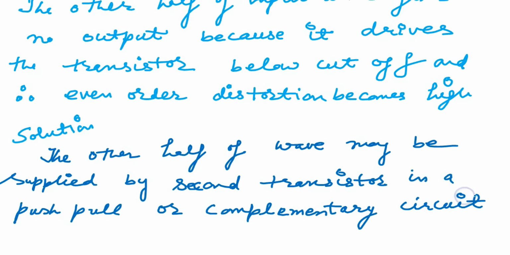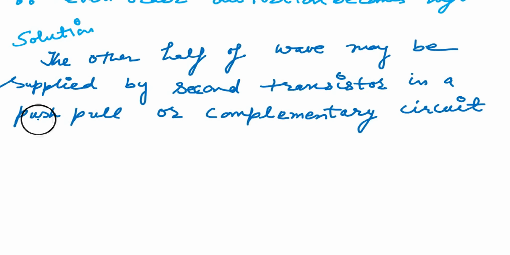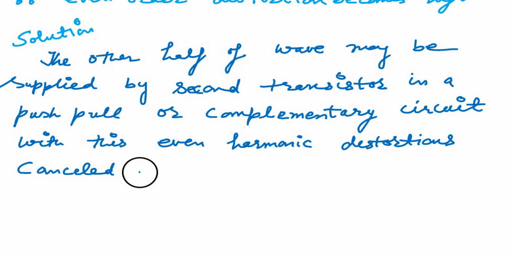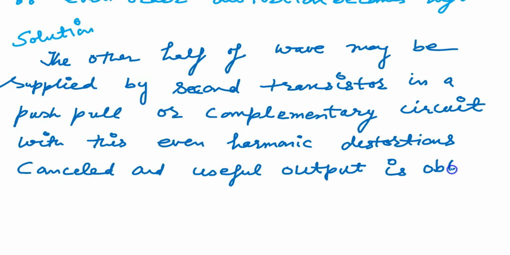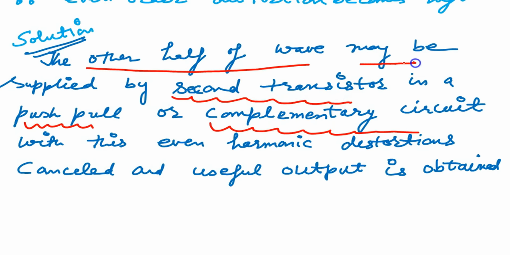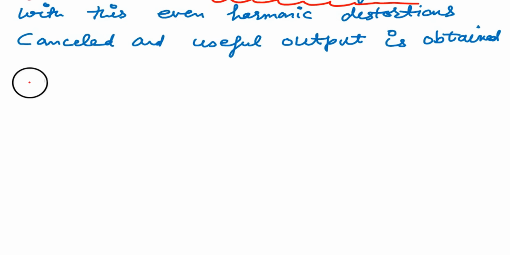With that, even harmonic distortion will also get eliminated and cancelled out, and useful output power will be available. So this is very important, that is the purpose of the push-pull amplifier. So it is clear from class B operation.